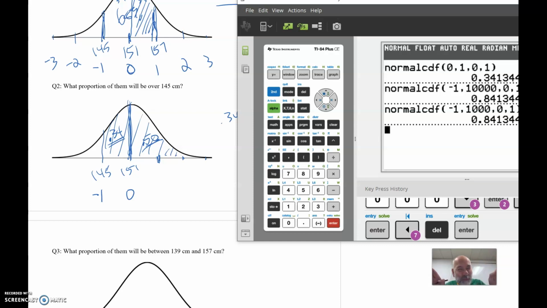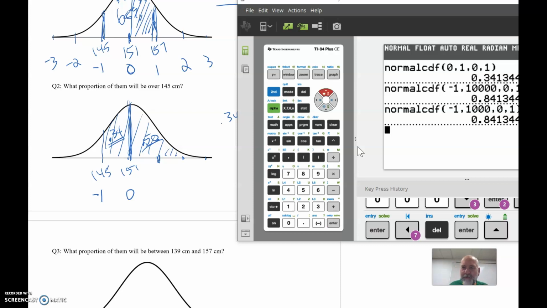This curve is so small that your calculator can't tell the difference. It's off the screen somewhere. And keep in mind that all you have to do is go 3 standard deviations, and you have 99.7% of the data. So if you go 1,000 standard deviations, there's nothing out there.